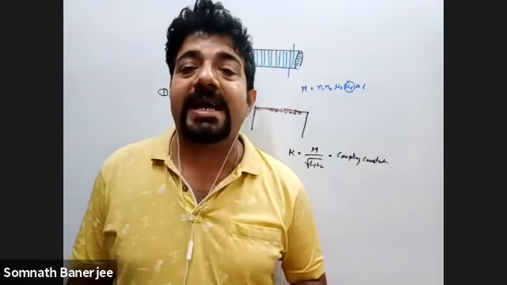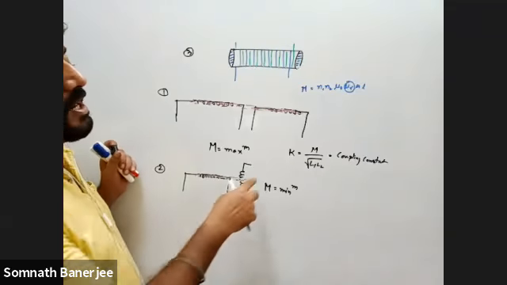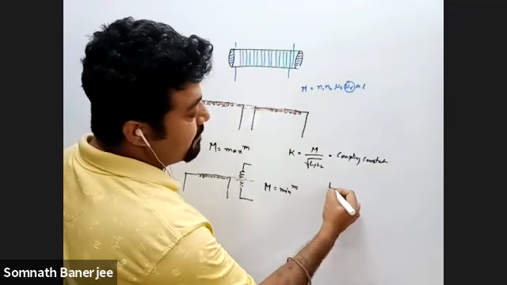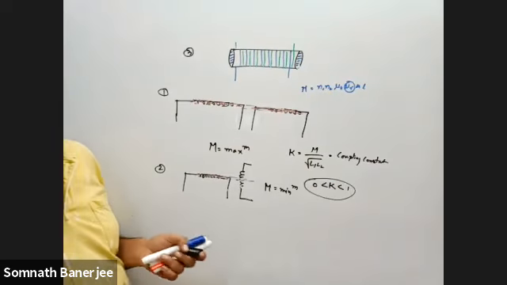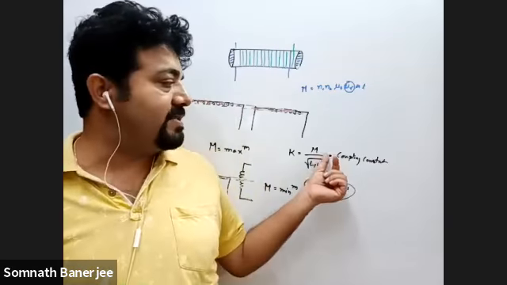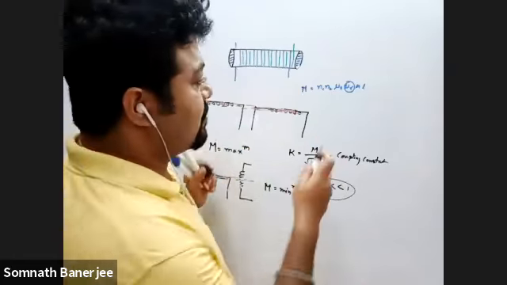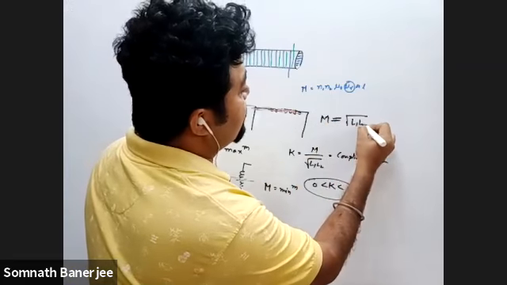As it's not exactly perfect, it's not exactly 1 either. So the value of k is always between 0 and 1. What I want to say is that M is never exactly equal to root under L1 and L2.